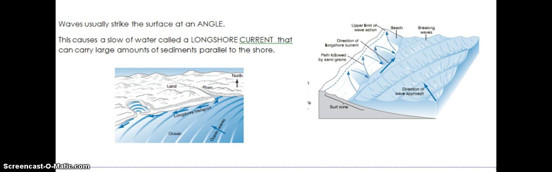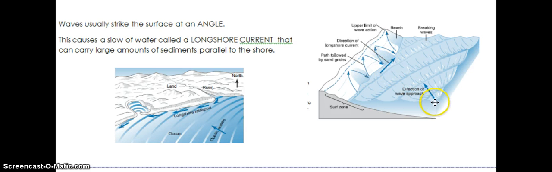Now, as waves come onto the shore, they're going to strike the surface at an angle, okay? Now, this causes a slow water current called a longshore current that can carry large amounts of sediments parallel to the shore. So you can see this longshore current here in this diagram and also here in this diagram.